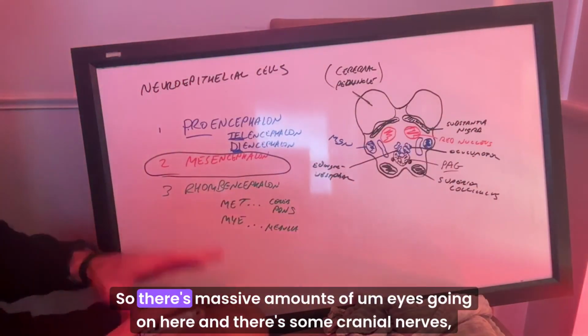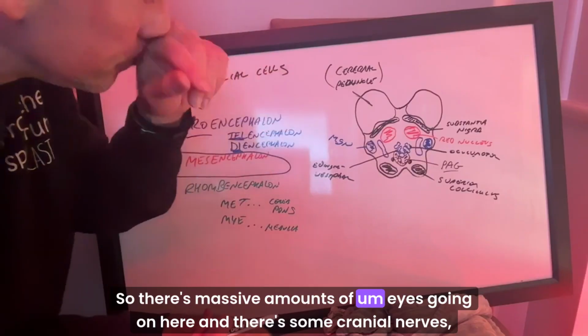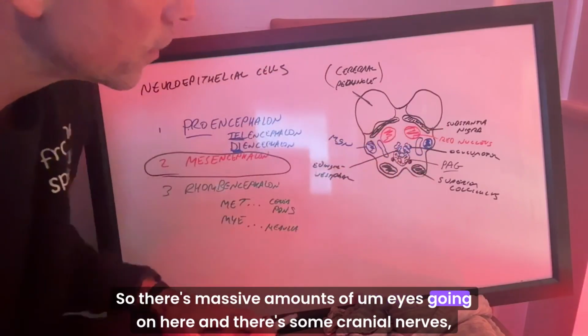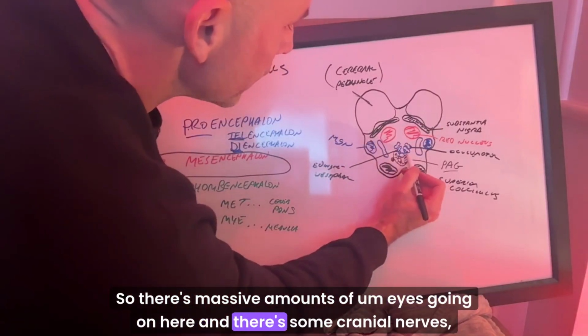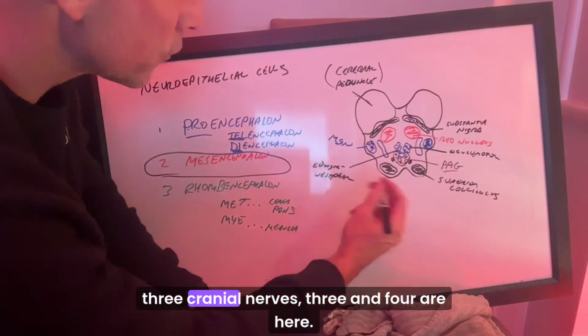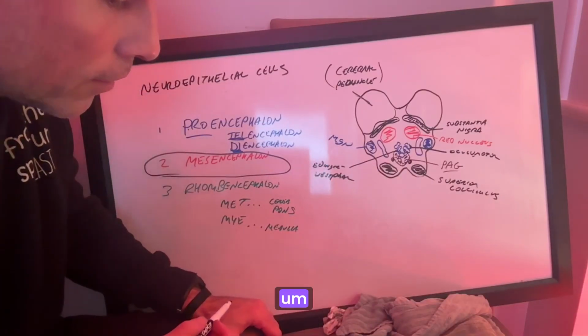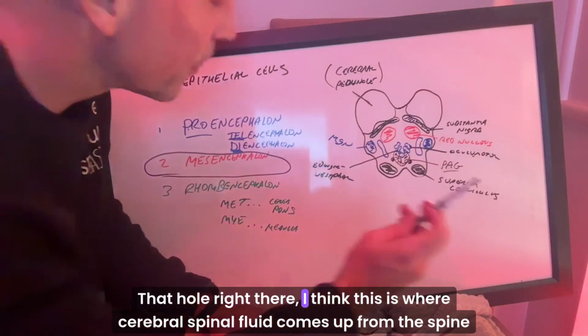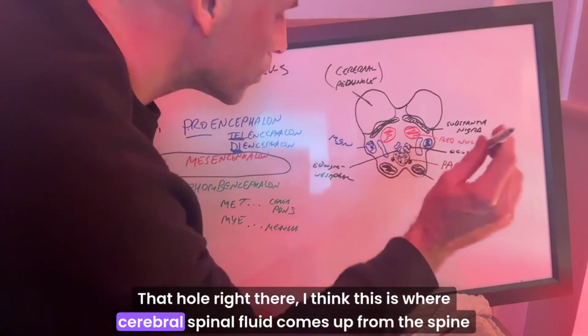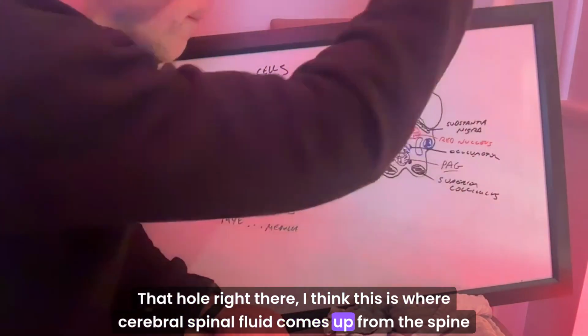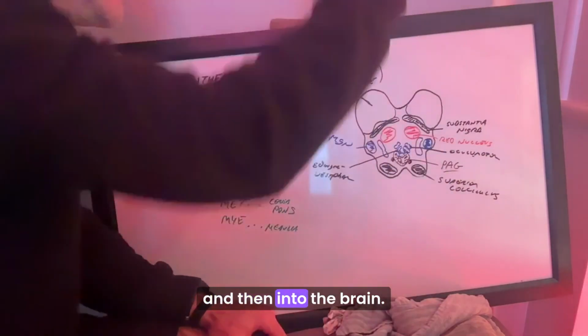And then oculomotor. So there are massive amounts of eye functions going on here. And there are some cranial nerves. Cranial nerves 3 and 4 are here. That hole right there, I think this is where cerebrospinal fluid comes up from the spine and then into the brain.